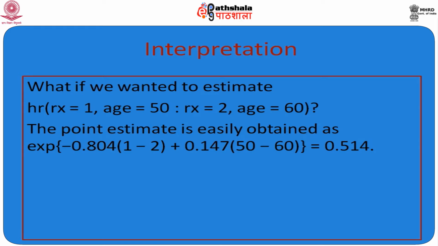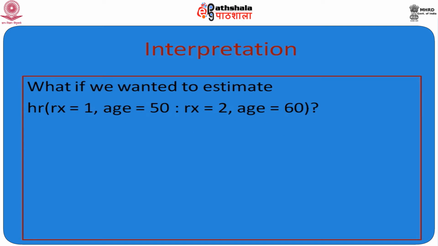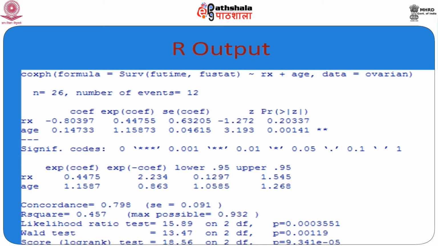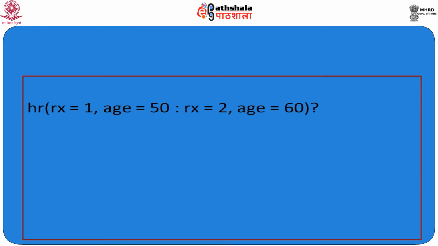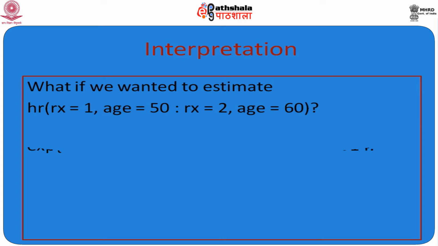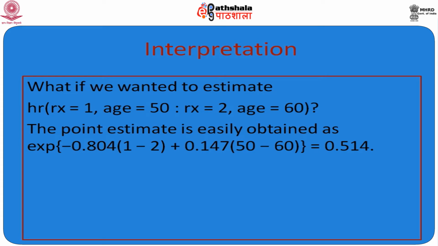Why are we multiplying 0.147 with 50 minus 60? In the earlier output we saw the estimate of age as 0.1477733.